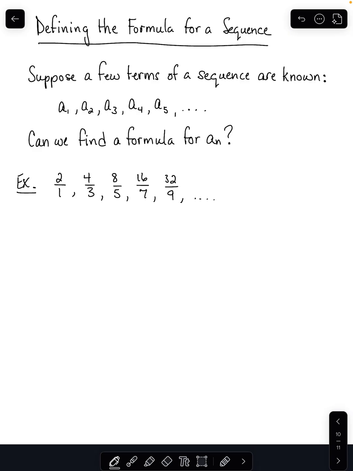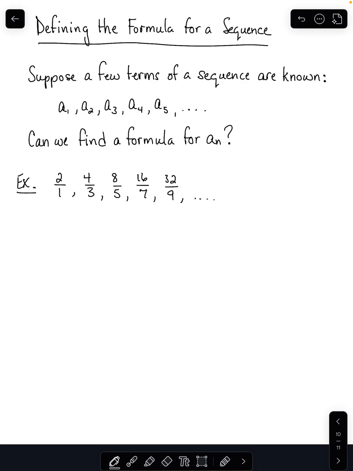Now, the fact that these are all fractions suggests that we might be able to find a pattern in the numerators completely separate from the pattern of the denominators. And the pattern of the denominators should, I hope, be pretty easy.